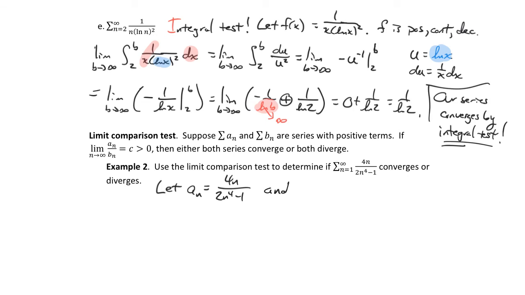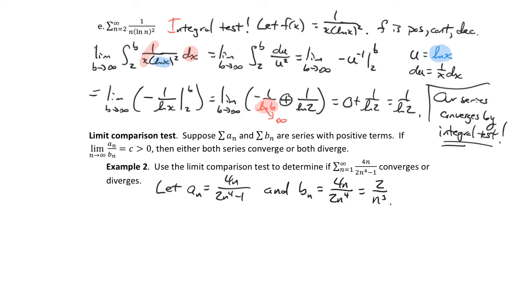And b sub n is going to be something that looks like that. Well, in the long run, when n is large, that minus 1 is insignificant. It's going to be 4n over 2n to the fourth. So it's very similar to what we did before. Now this reduces to 2 over n cubed.